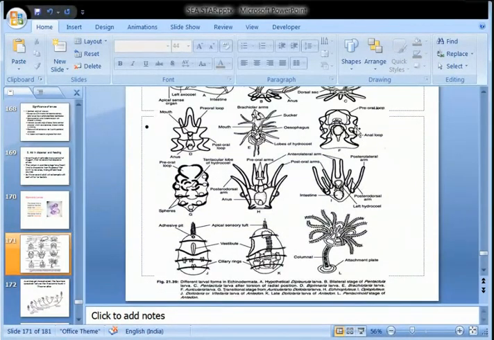This is auricularia. So you see this somewhat resembles this one, bipinnaria. Then at G point, we have transitional stage from auricularia to doliolaria. Okay, this one is the doliolaria. Okay, so this transitions from this stage to this stage and then to this stage in some of the species.